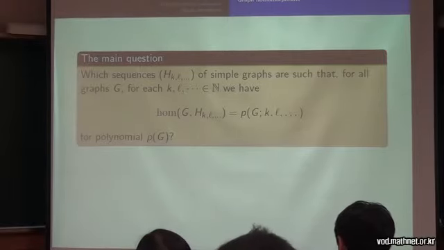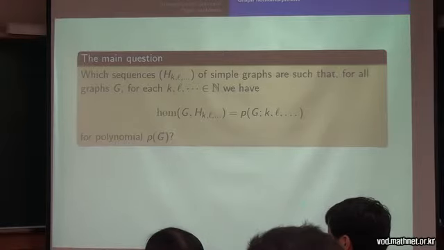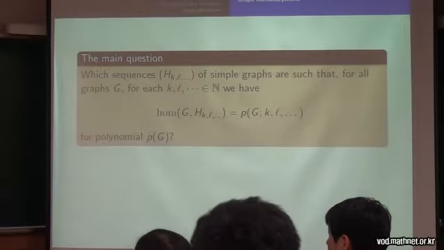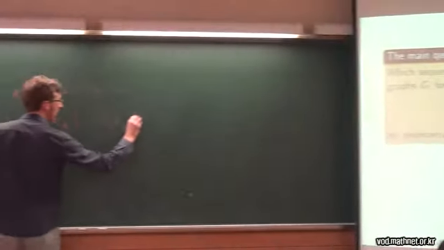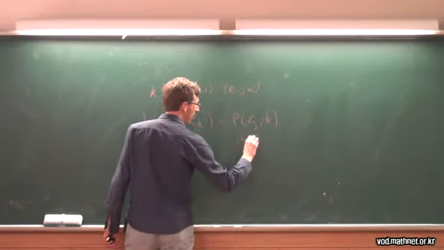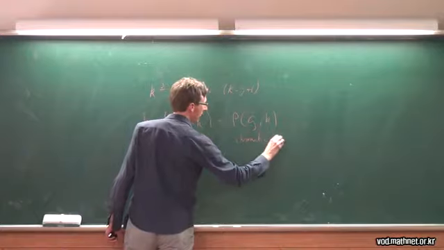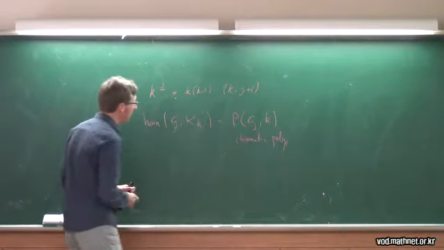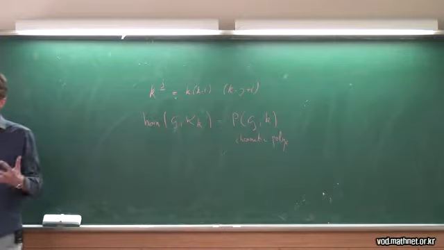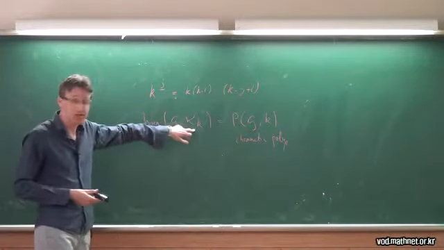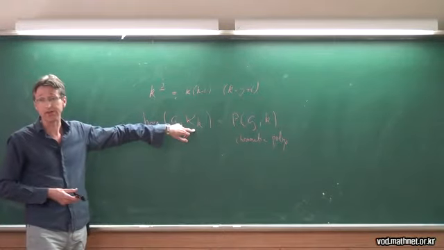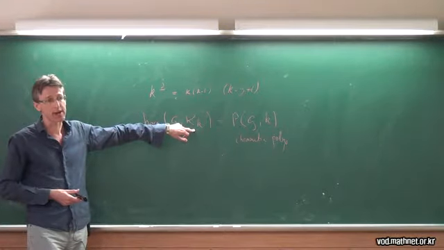of the graph. The archetypal example is that when I count homomorphisms to the complete graph on k vertices, I'm counting proper colorings of the graph, because an edge of G has to go to an edge of the complete graph, and they join distinct colors, and there's an edge between every pair of colors.